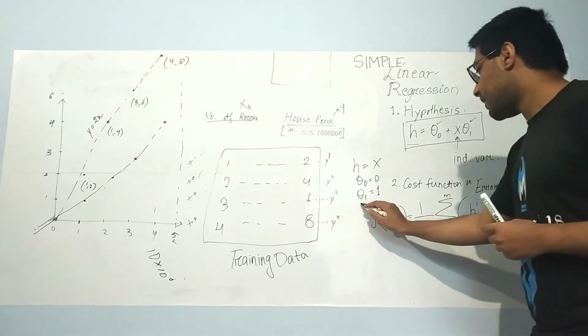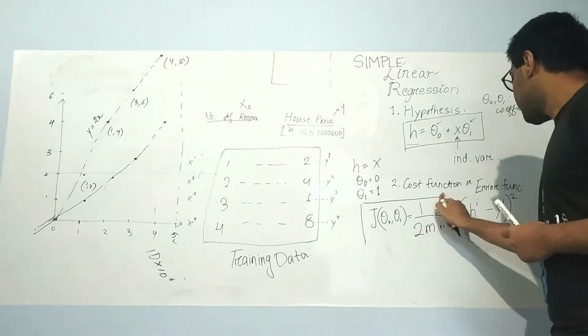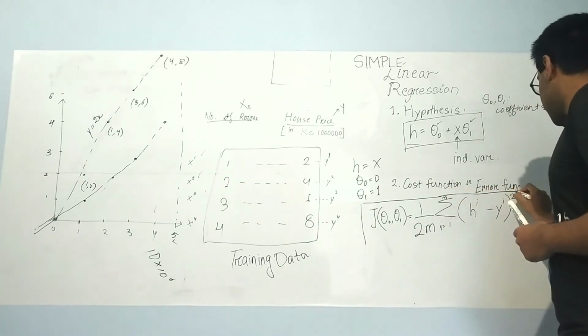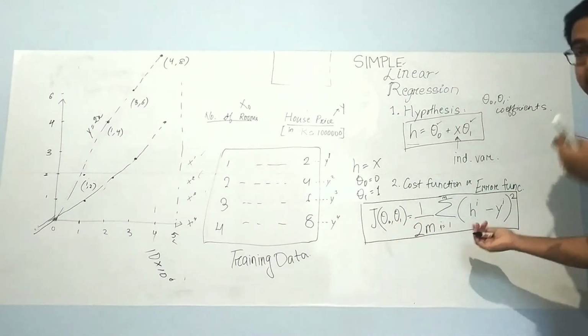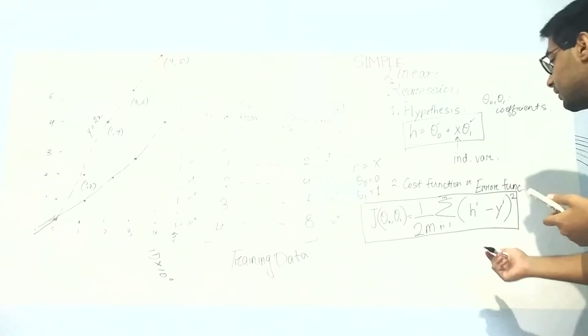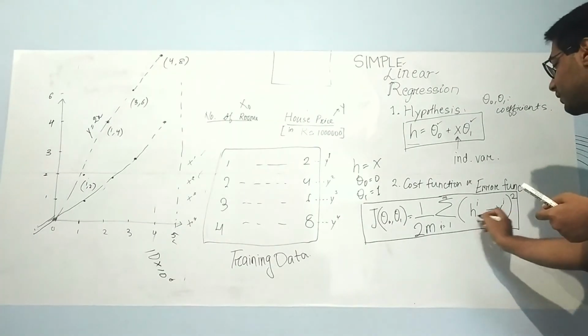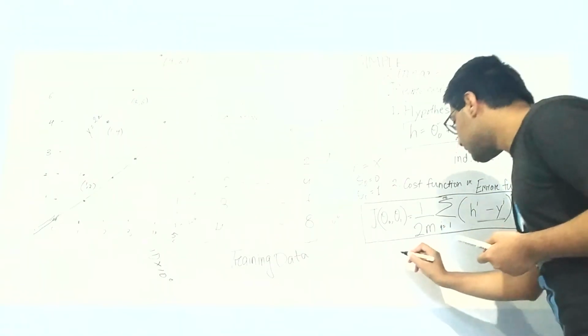As you might have recognized, this is also called the mean squared loss, because we are actually squaring the Euclidean distance and taking its mean. So it's called a mean squared loss.